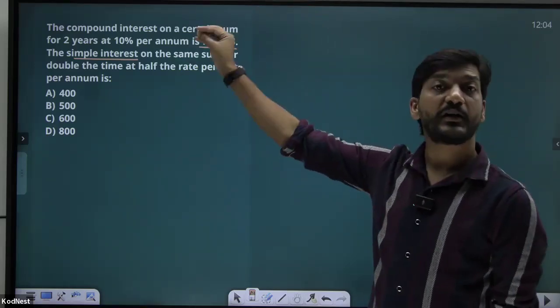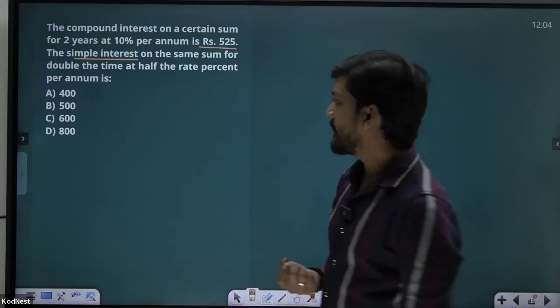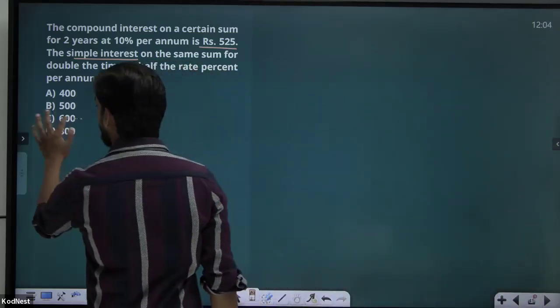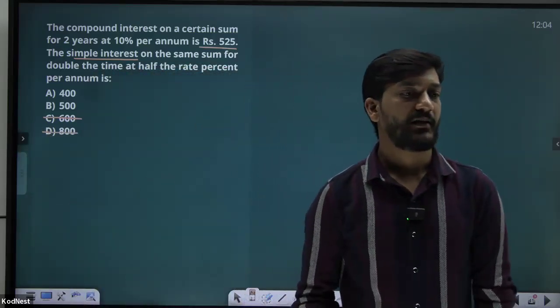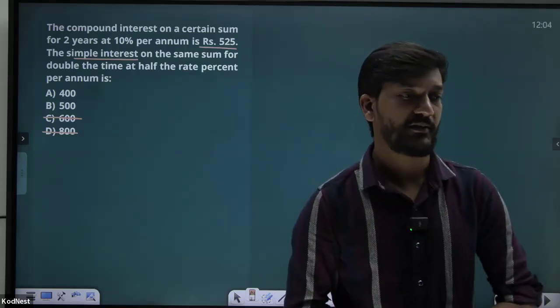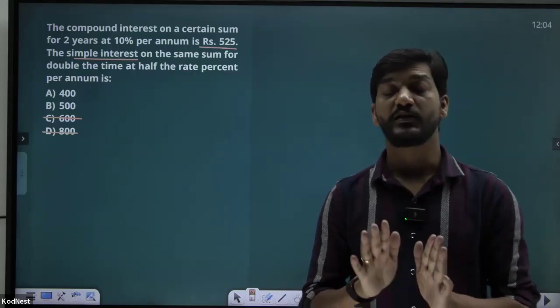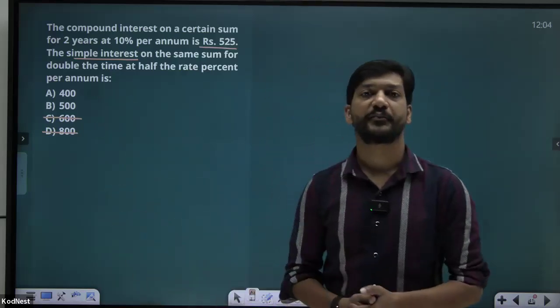Simple interest will be less. How much less? Is it possible to be 600 or 800? Can the simple interest be more than 525? No. Simple interest is always less.